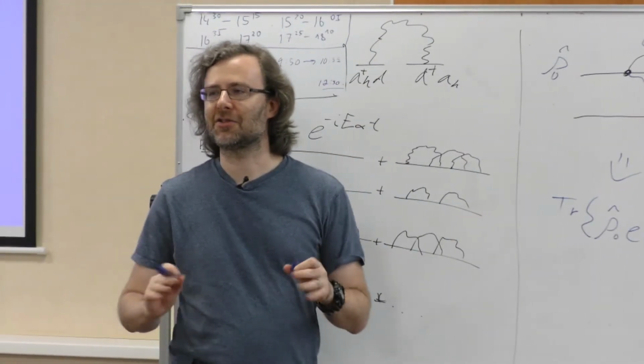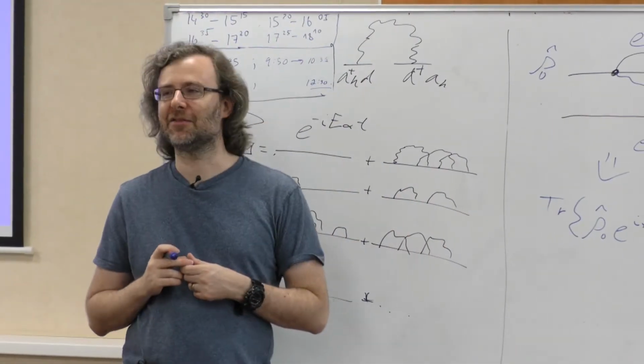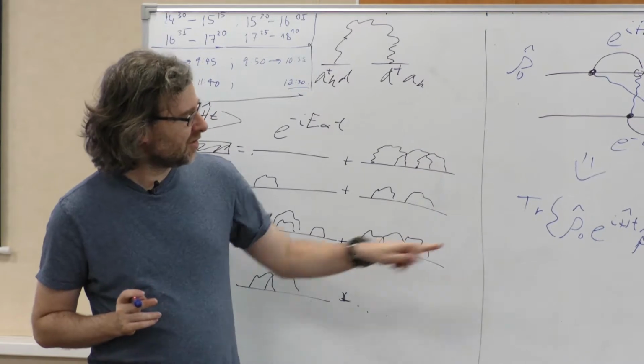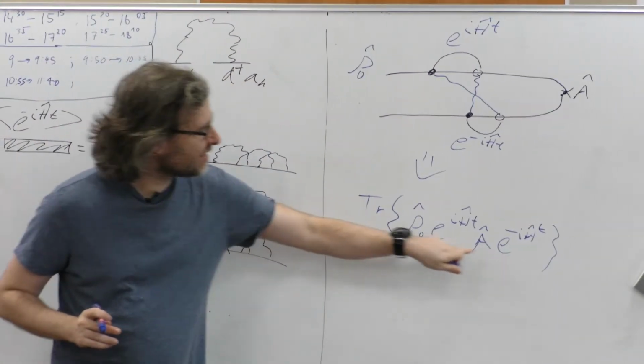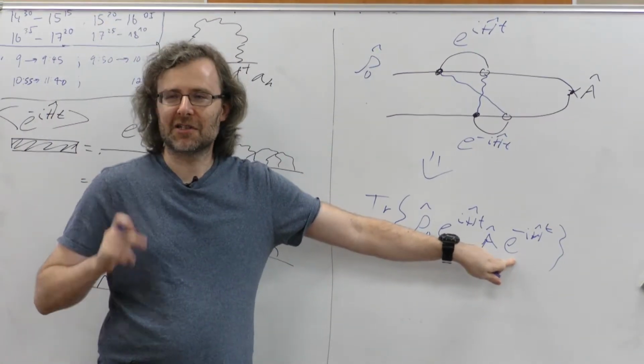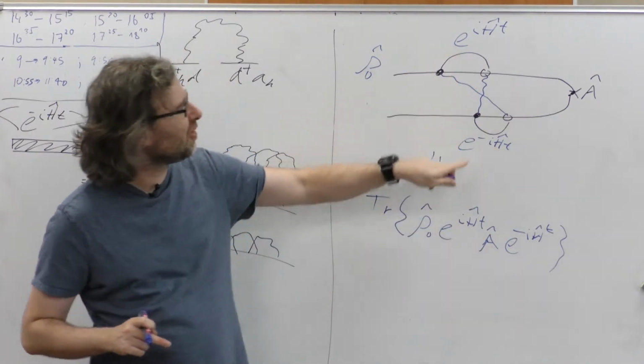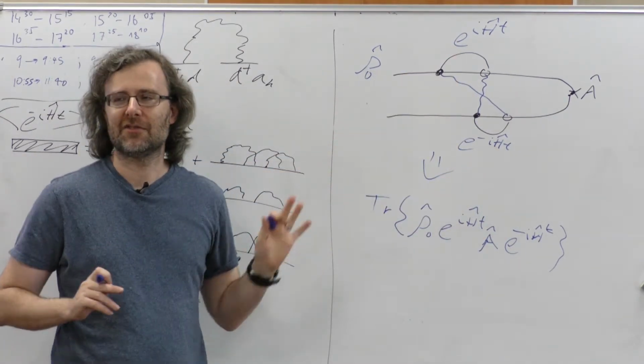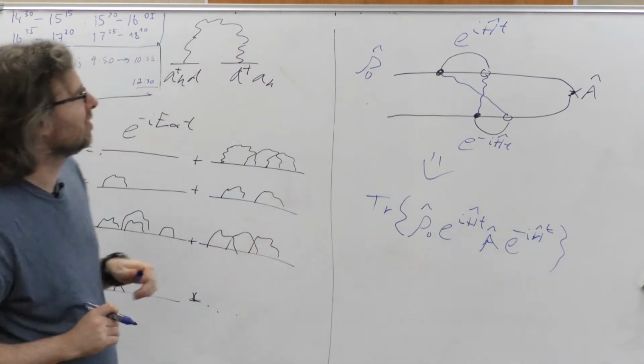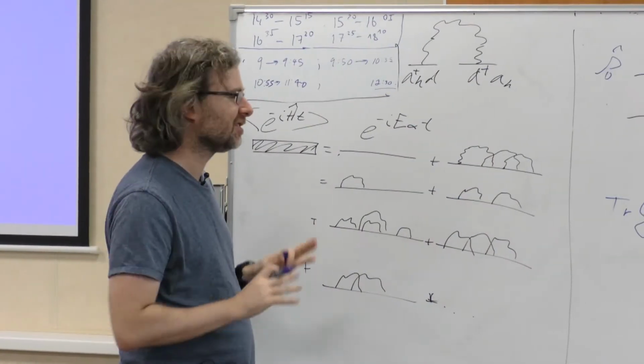So this is actually what we want, the time-dependent value of A. And we have to take care of the fact that my Dyson expansions of these are going to drop operators before and after my operator. So again, everything is exactly the same as before.